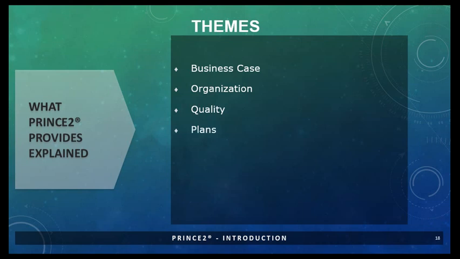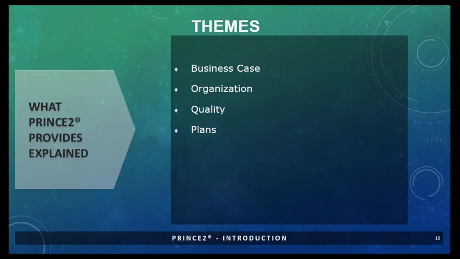The plan theme addresses the questions how much, and when. So basically, it looks at how the project is done, how many resources are required, and when do we finish the project. Prince2 projects proceed on the basis of a series of approved plans.